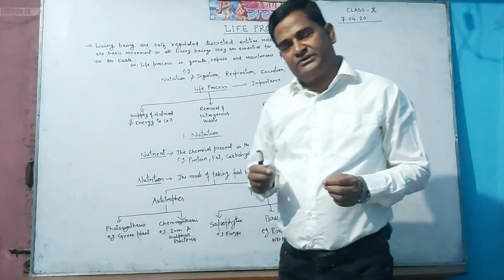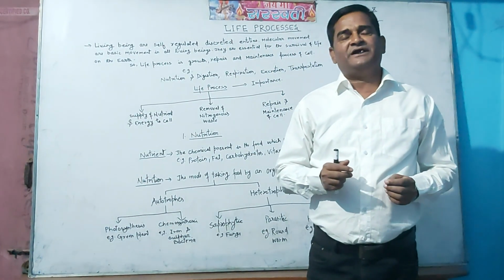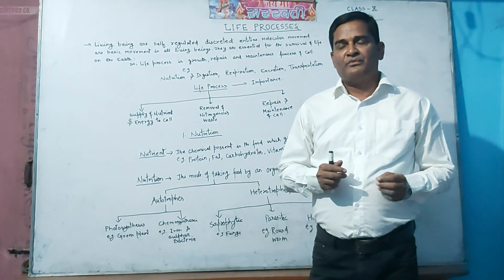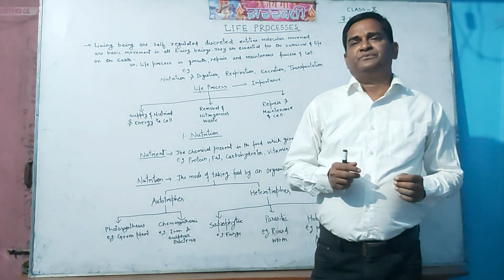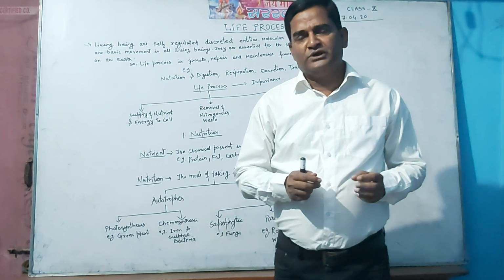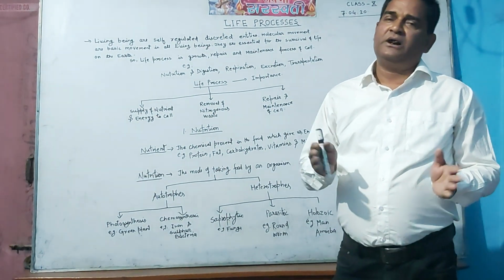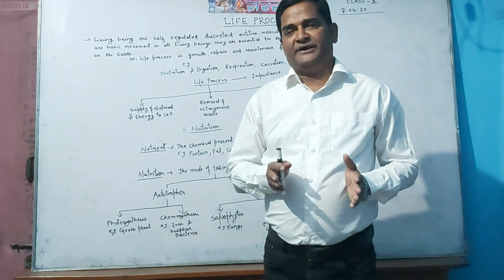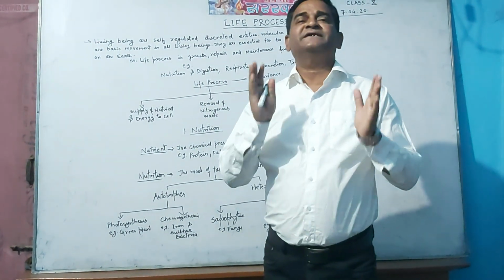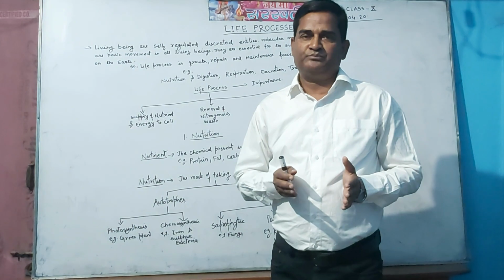Children, you very well know the cell is the structural and functional unit of living beings. And each cell has a cell membrane, across which certain molecules and ions always move. It is essential for living beings.